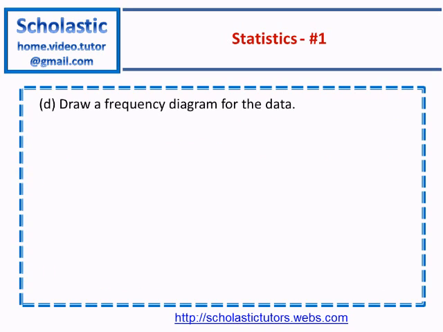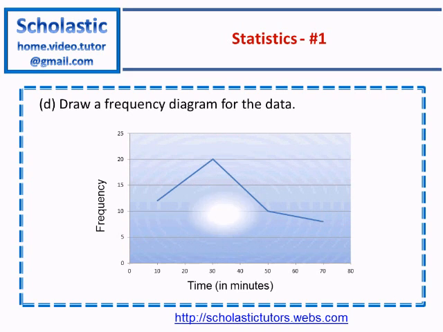And lastly, we are going to draw a frequency diagram for the data. What we need to plot here is the time in minutes. We take the midpoints and plot the frequency. The midpoint for the 0 to 20 class is 10, and the frequency for that class is 12.